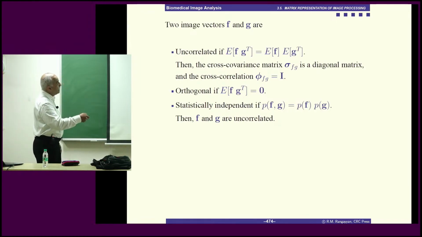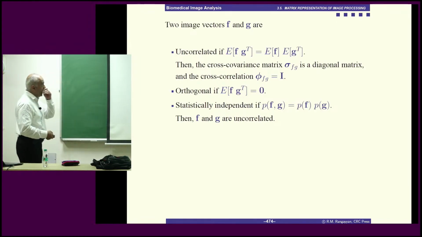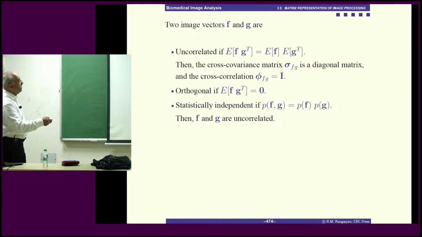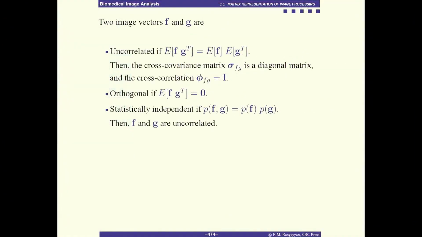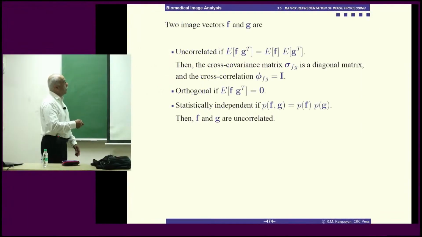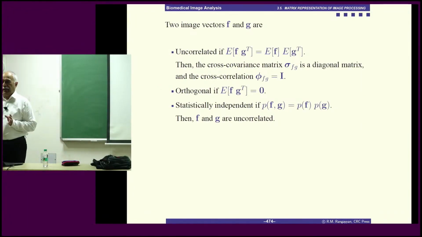Then the cross covariance matrix sigma FG is a diagonal matrix, and the cross correlation phi FG is an identity matrix. They are orthogonal if the projection of one onto the other is 0. When you project one vector onto another, if it is 0, then they are orthogonal. They are statistically independent if the joint probability density function PFG is PF times PG. Then F and G are also uncorrelated.